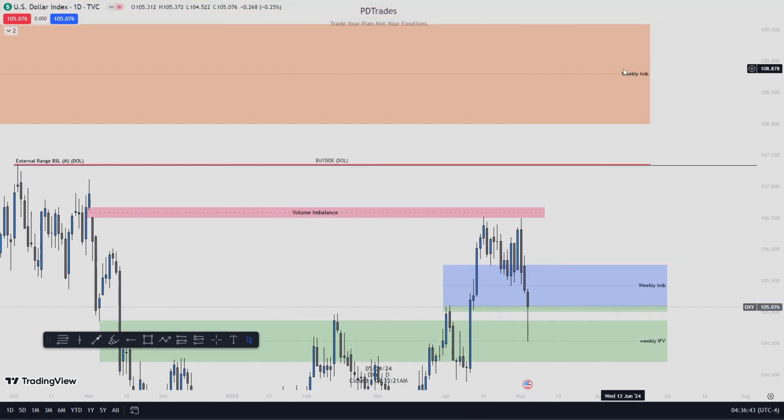There's a weekly imbalance. Sell side imbalance, buy side inefficiency. So we do want to come and rebalance that inefficiency, that weekly imbalance. But currently right now, this is my draw on liquidity. You understand? Let me remove this. This is my draw on liquidity.